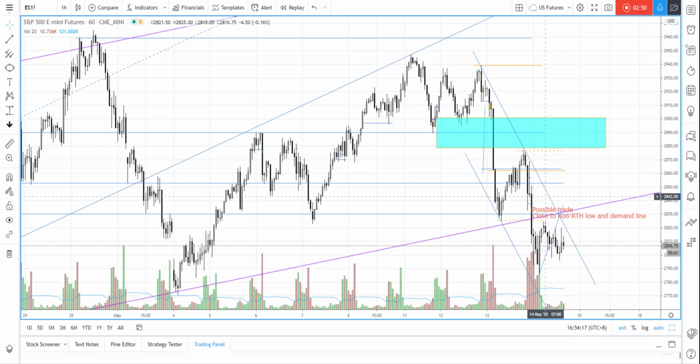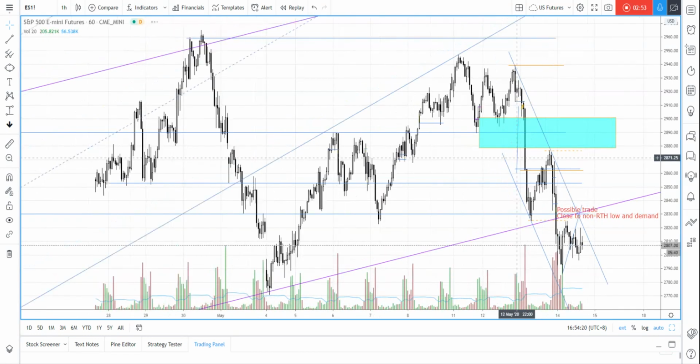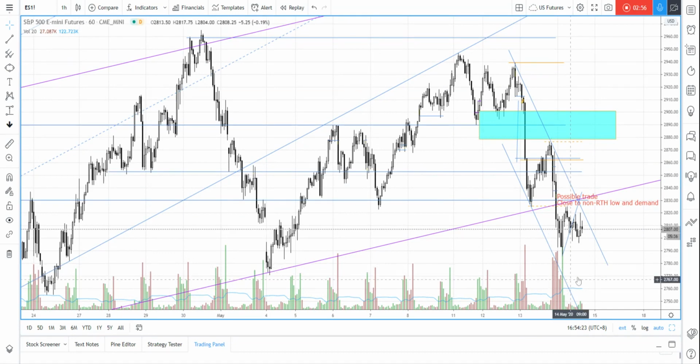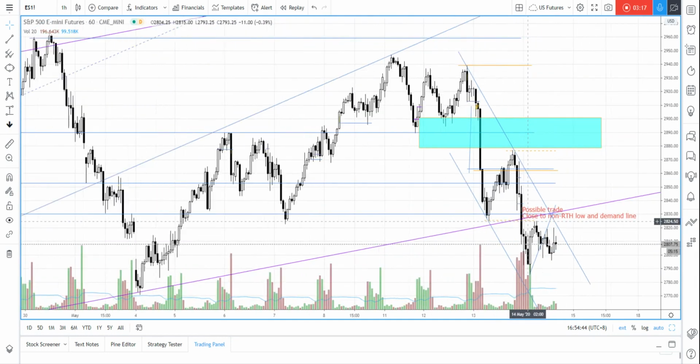Because if it wasn't for this kind of demand, then I think we should see a further drop to break the oversold line, to enter into oversold, or at least to test the 2770 swing low, etc. So I just want to point out there was some kind of demand come in yesterday, but if we want to see a pause or a stop of this downtrend, I want to at least see some aggressive demand kick in, which means that I would like to see a better up wave, and maybe to overcome 2850, and that will probably temporarily stop this downtrend to enter into a trading range.